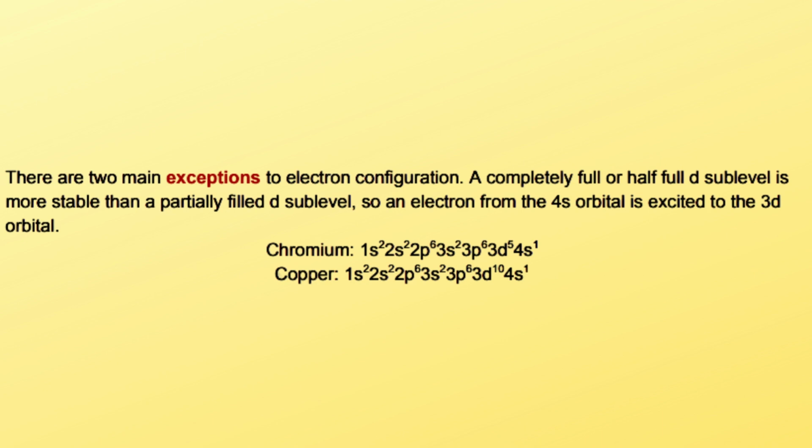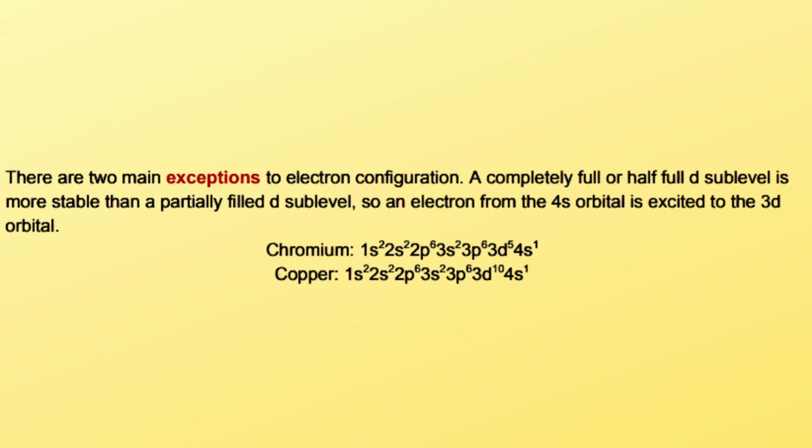So when you fill up, it actually becomes 4s2 3d4. But we take one electron from 4s2 and give it to 3d to make it 3d5, because 3d has the capacity to occupy 10 electrons maximum.